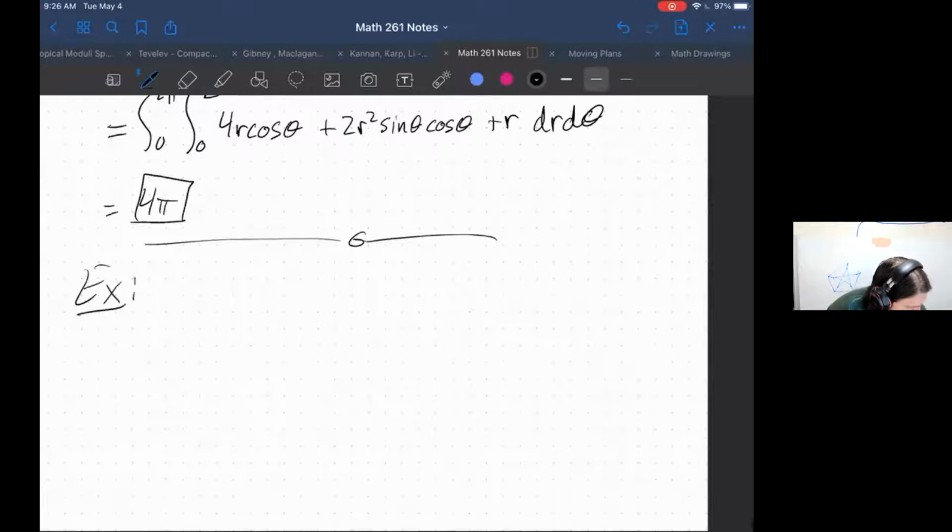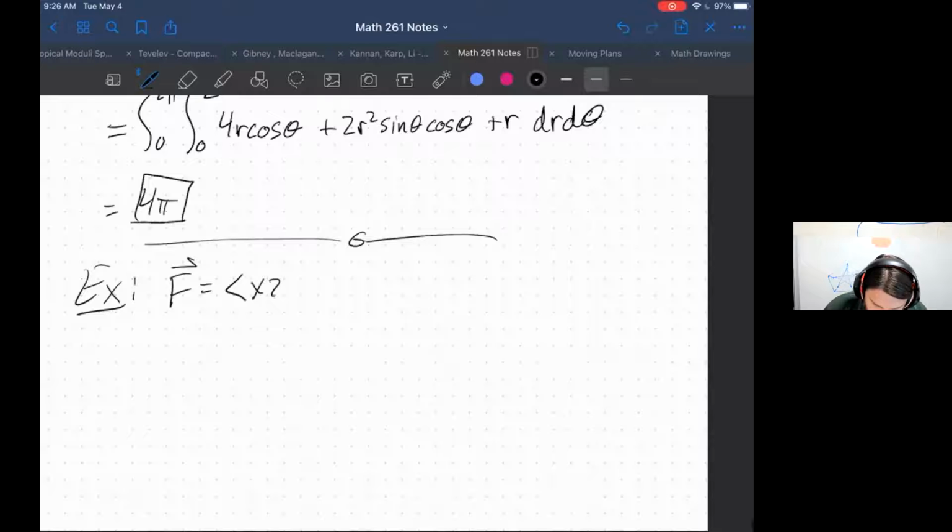So example, use Stokes' theorem to compute the counterclockwise circulation, not using the, well, I guess in general, just do it. But you're going to find that you don't really want to use the line integral part of this.